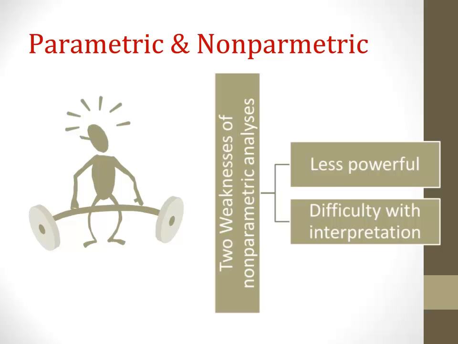So, even though it may seem that a non-parametric analysis is preferable because you don't have to meet all the assumptions, the reality is they are less powerful and oftentimes more difficult to interpret. So if given the option, the parametric option is the better option.